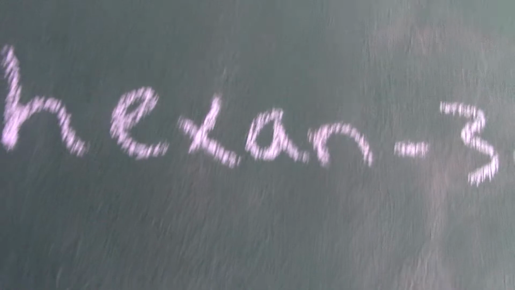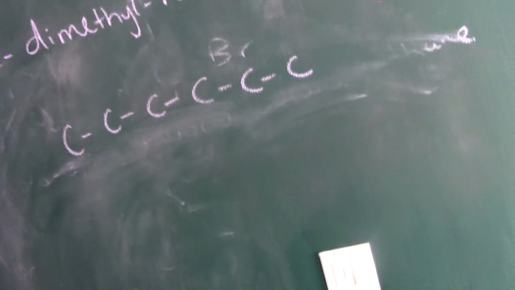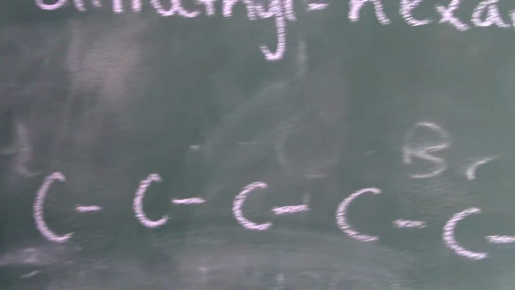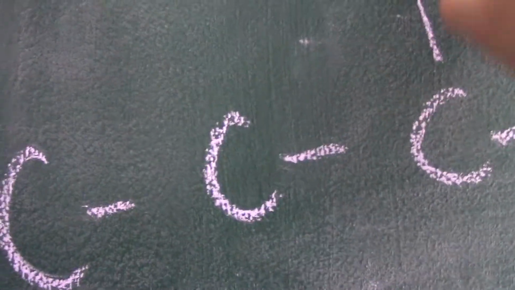Okay, so that is 2,2-dimethyl, which is on your sheet, hexan-3-ol. So it's an alcohol with 6 carbons. That's what the hex stands for. So I'm going to make my parent chain. Okay, so there's my parent chain right there. 6 carbons, and I know that the alcohol is on carbon 3.